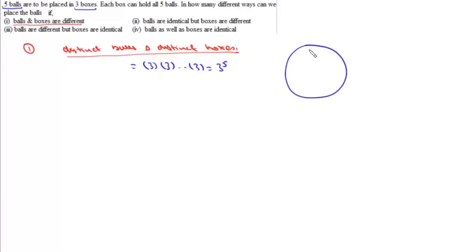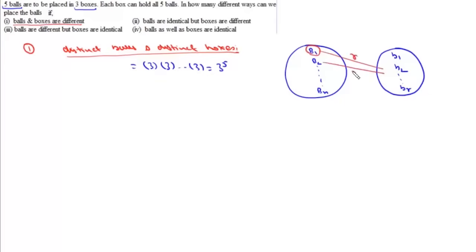If we take a general case where we have n balls, say B1, B2 and Bn, and we have r boxes, say B1, B2 and Br, then the total number of ways in which we can put these balls in boxes when the balls and boxes both are distinct and a box can be empty: for the first ball, we have r choices.